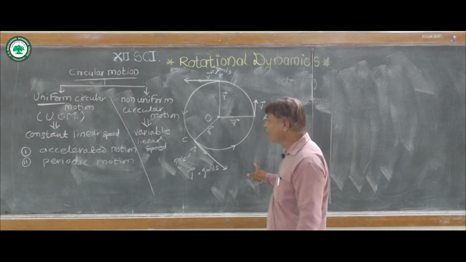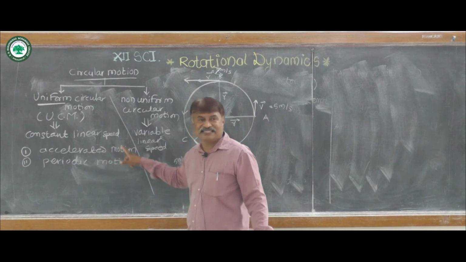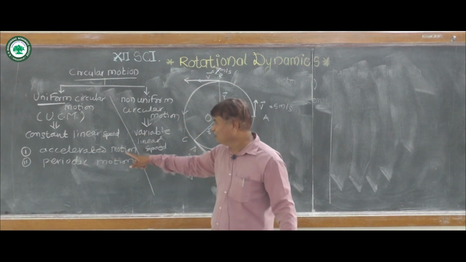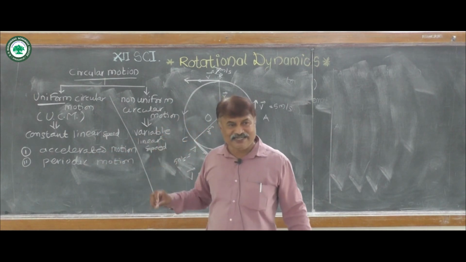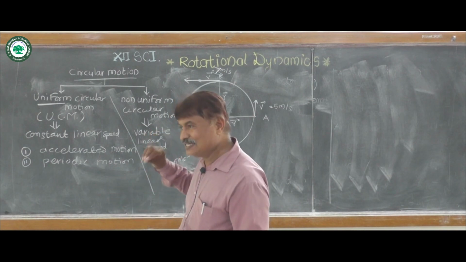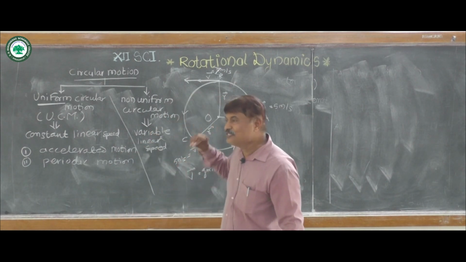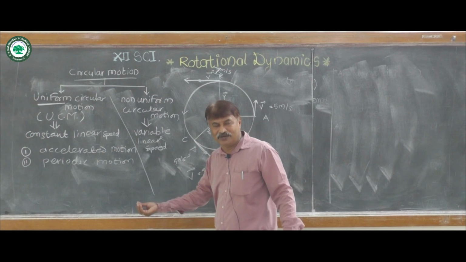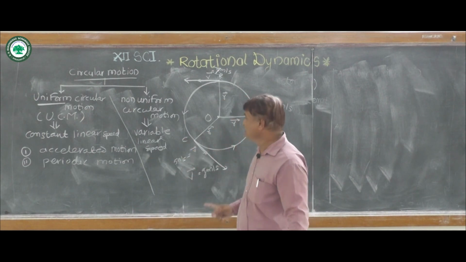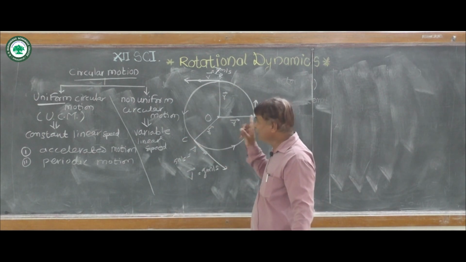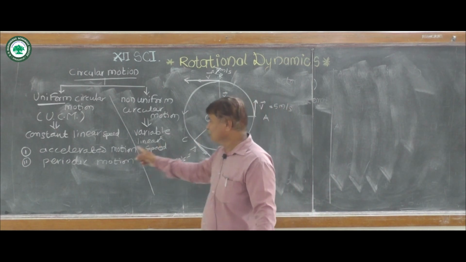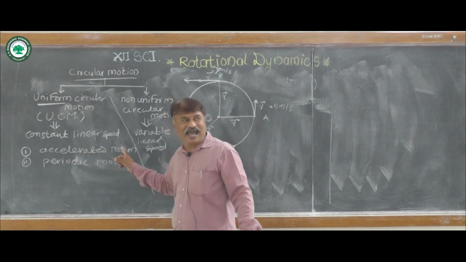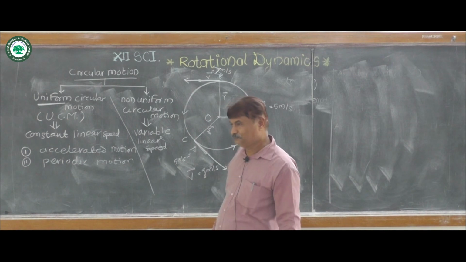Therefore, such type of motion is also called accelerated motion, because we know that acceleration is a physical quantity which depends upon change in the velocity with respect to time. There is acceleration in a non-uniform circular motion, so such motion is called accelerated motion.